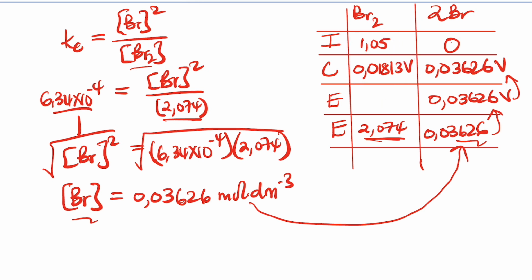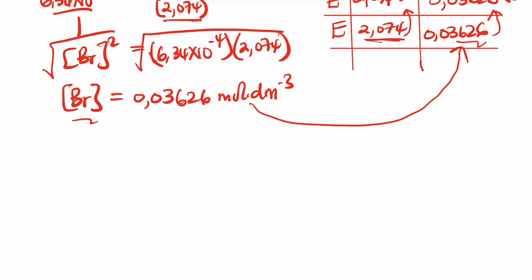We have the concentration here, and we change this into a number of moles, so it's the same. We're going to times this by the volume, and it gives us 2.074 V.